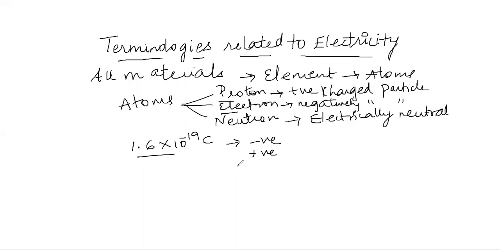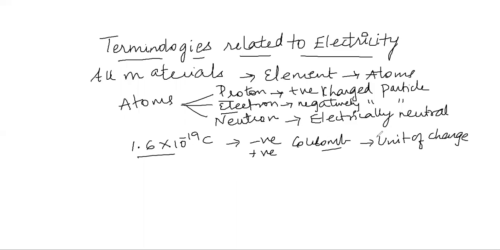And neutron doesn't have any charge, and it is electrically neutral. Coulomb is a unit expressed for a charge. So unit of charge is coulomb.